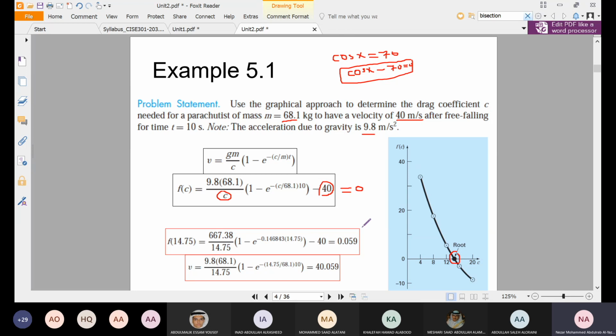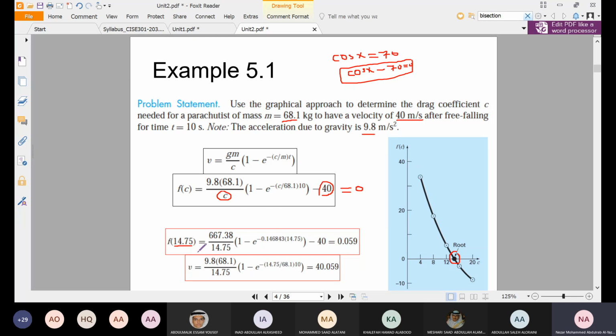Okay, so with some software, we might slide the point, and after that we get the exact solution. And sometimes even by using zoom, if I zoom the figure, I will get some errors in computing the exact solution. Here, our best estimate for the root c is 14.75.